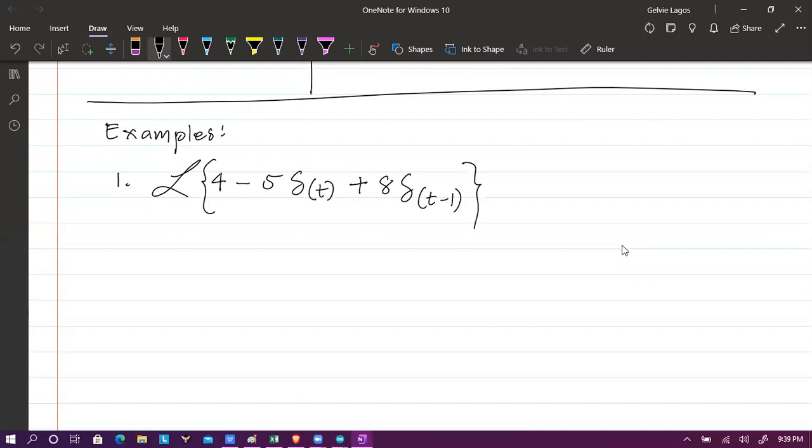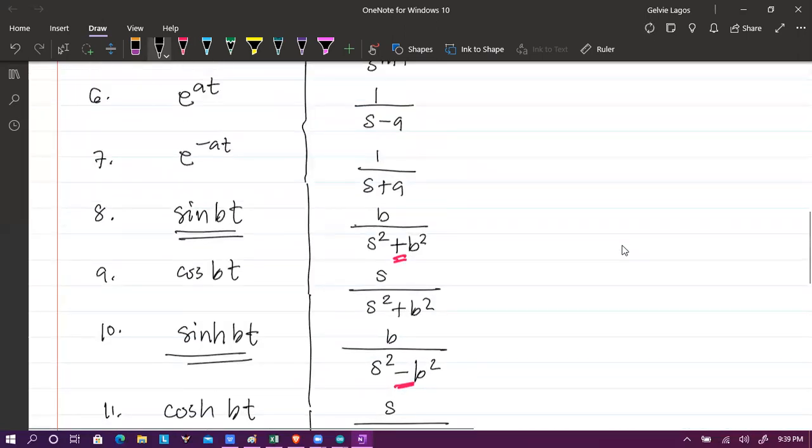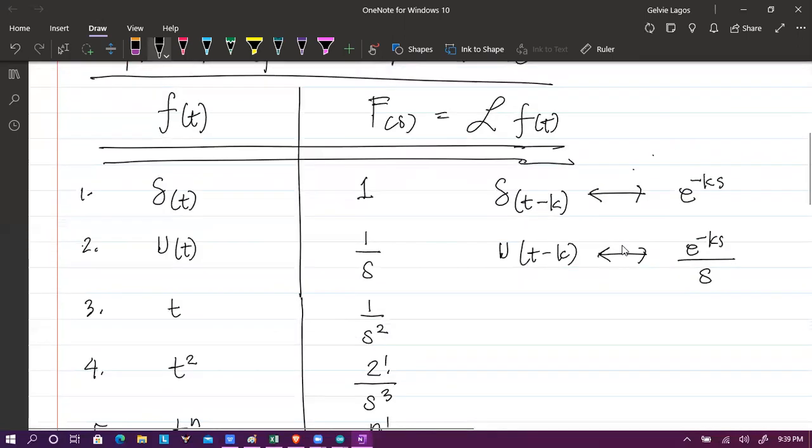To solve the Laplace transform of this, we need to take the Laplace transform of each term. Let's start with the first term, 4. Now 4 is actually a constant. If you go back to your transformation pair, the constant is actually defined here. This is the Laplace transform of the constant. Okay, this is the constant.